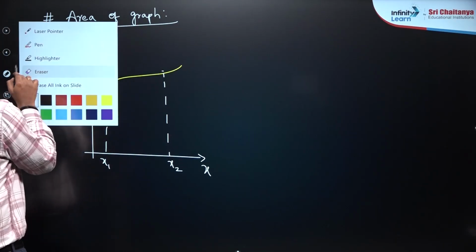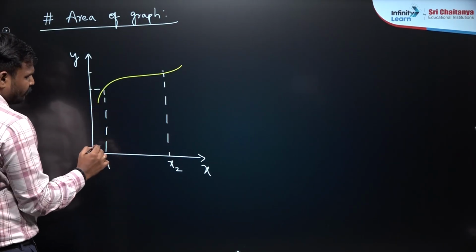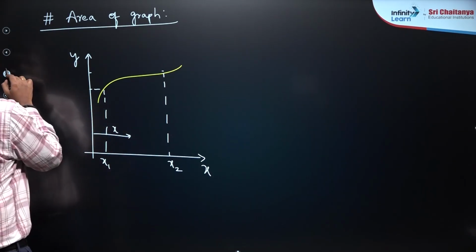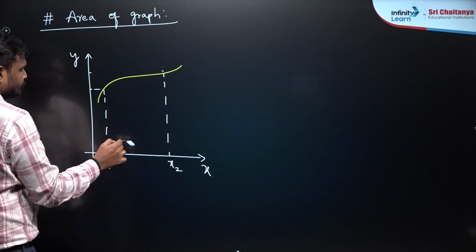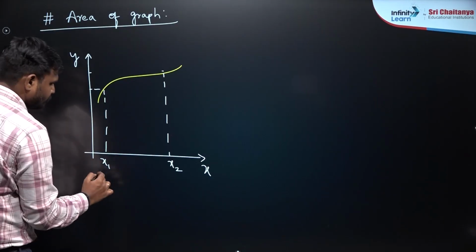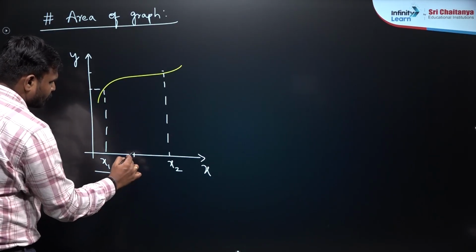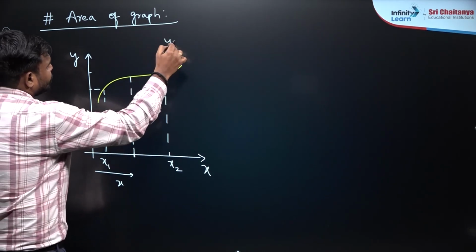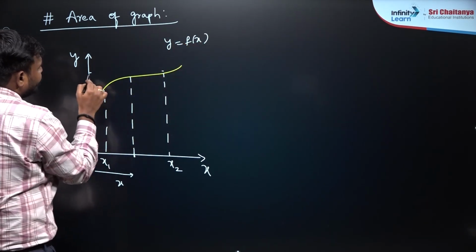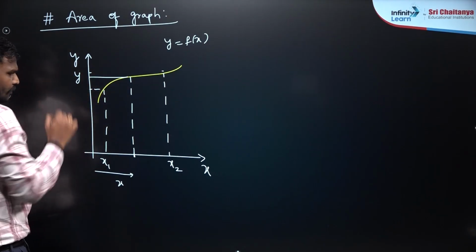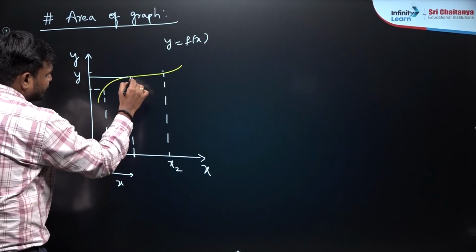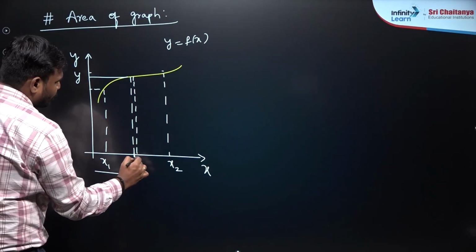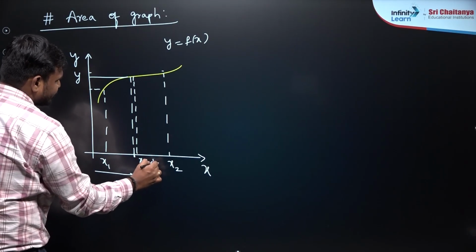Okay, we will assume a specific position at a position x, the value of the equation would be some y, and just beside that position we will have another position called x plus dx.